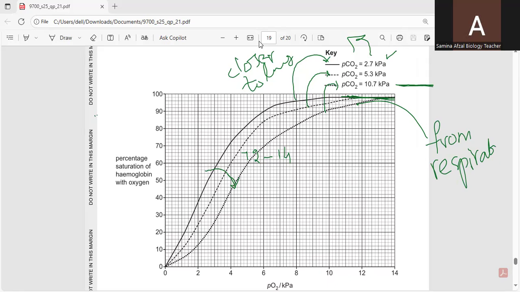You can see respiring tissues are metabolically active, so in this way the shifting of the curve takes place towards the right. So, moving towards the question after the discussion on the graph.